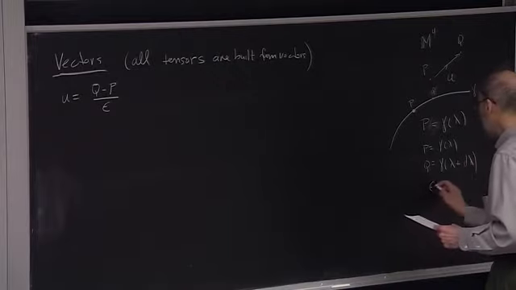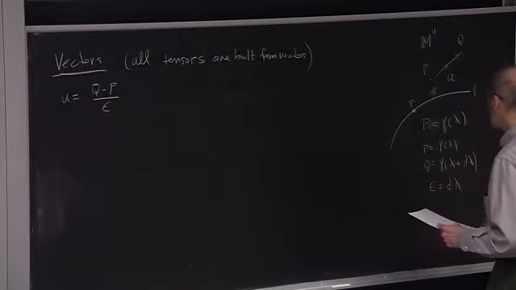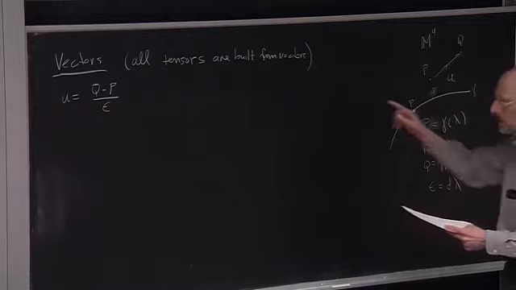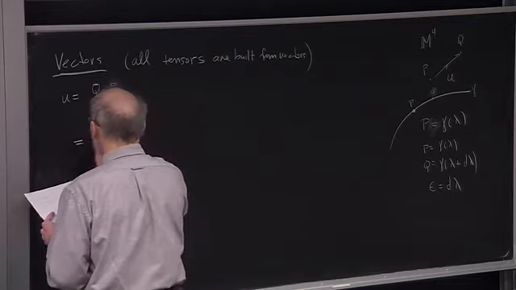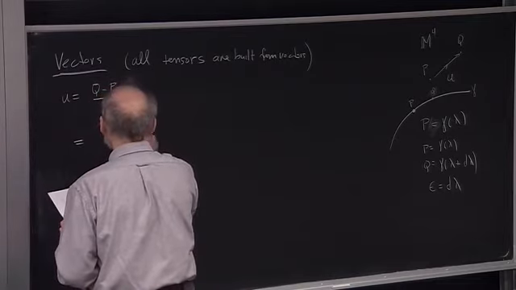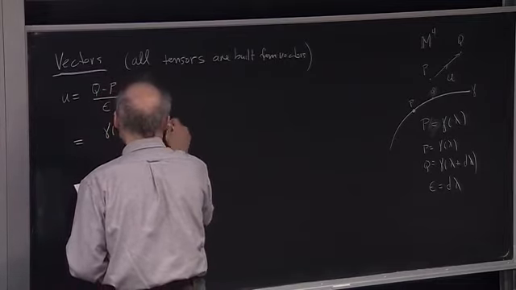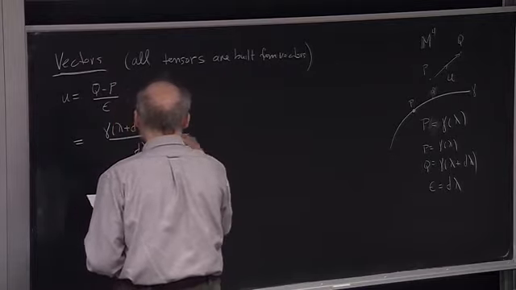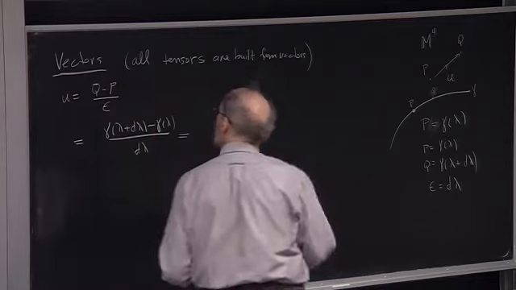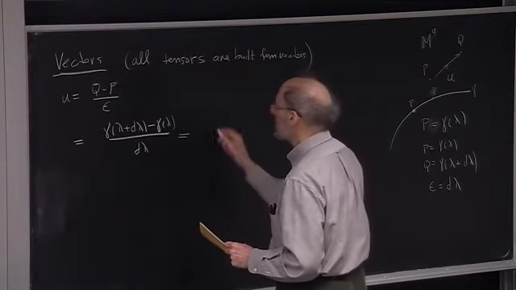Then I'll take d lambda for epsilon, and apply this definition. So U will be Q minus P over epsilon, which is gamma of lambda plus d lambda minus gamma of lambda, over d lambda. But this looks like the definition of a derivative.